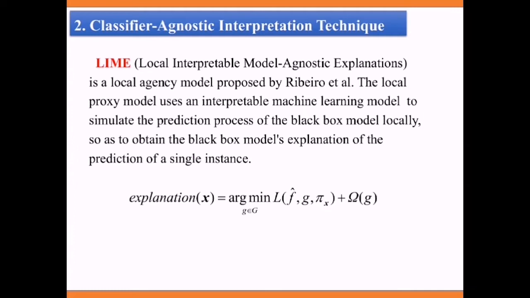Therefore, a local surrogate model can be used to explain an individual instance. Assuming that F is a black box model and X is an instance that needs to be explained, the loss function of the LIME method is shown in the equation.